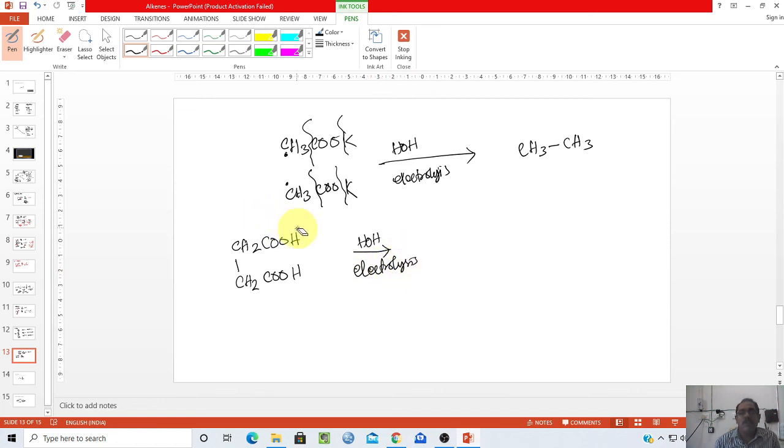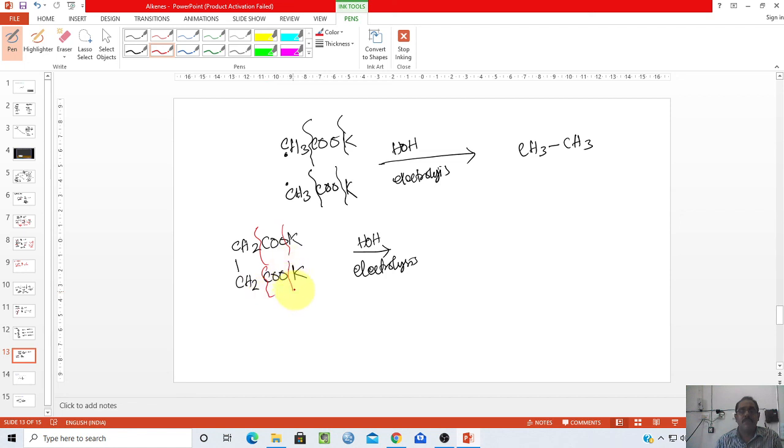Here also you have to take sodium or potassium salts, so potassium succinate. Upon hydrolysis, where is the breaking?